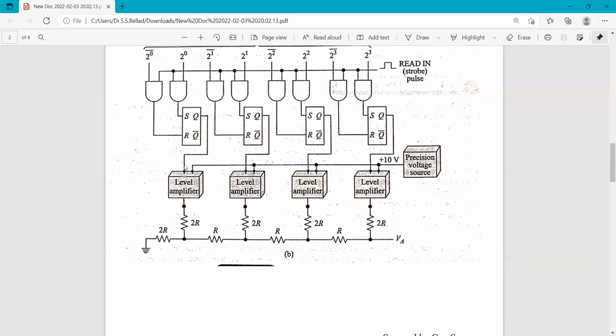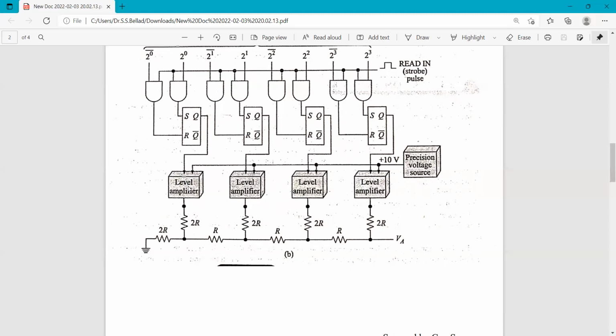and the voltage level, meaning when the output of the RS flip-flop is high, it should be 10 volt. Whether it is 10 volt or not is checked by the level amplifier, because the level amplifier could be a comparator circuit constructed based on op amps.